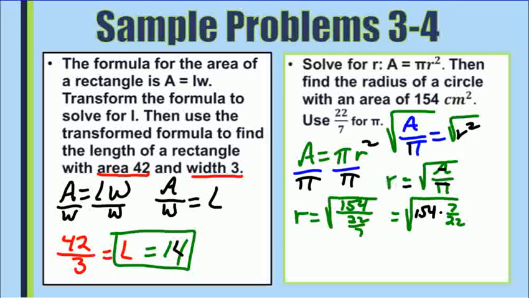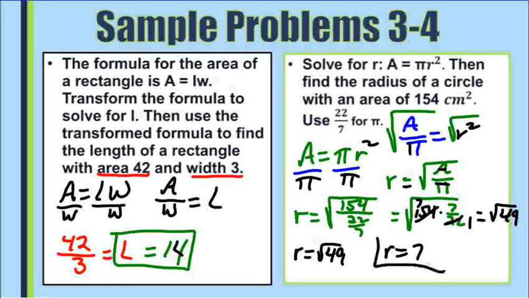And now I can simplify. I can divide 22 here and get 1. 154 divided by 22 is 7. Square root of 7 times square root of 7 is the square root of 49. So the radius equals the square root of 49, and the square root of 49 is 7. So it would be 7 centimeters as the radius.